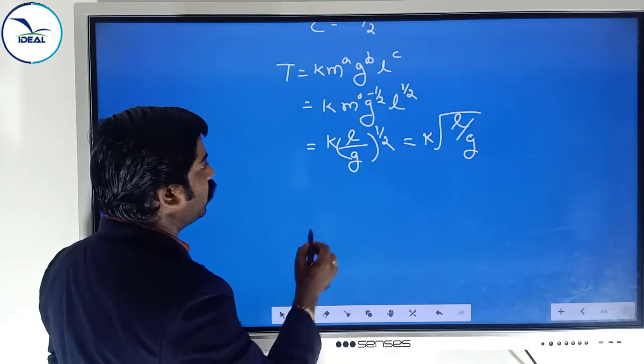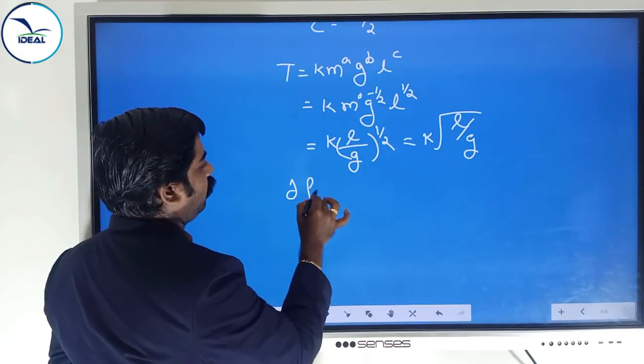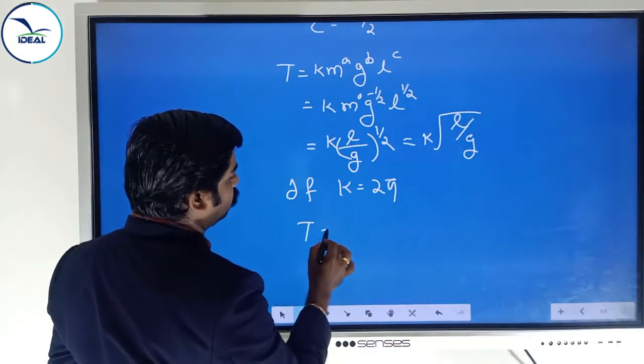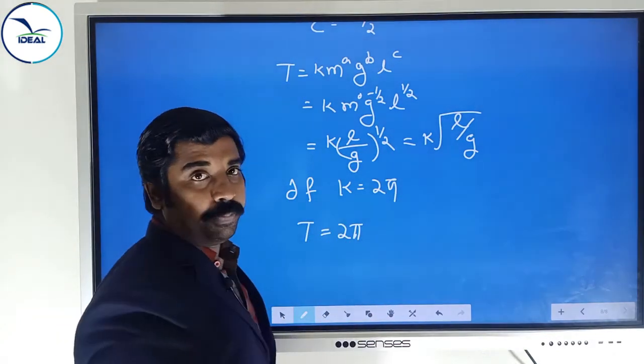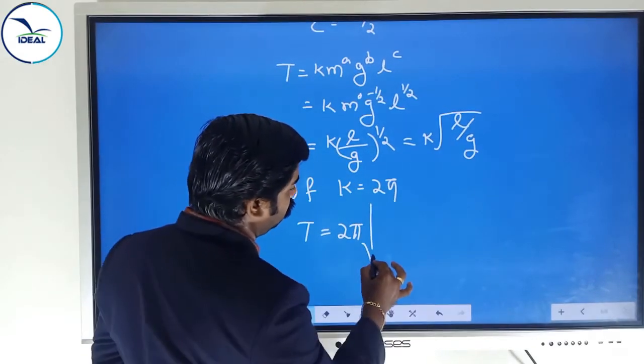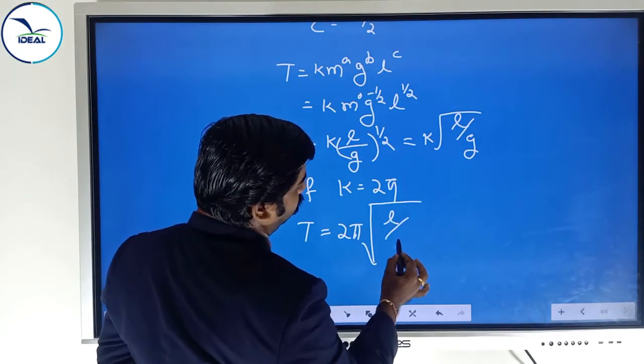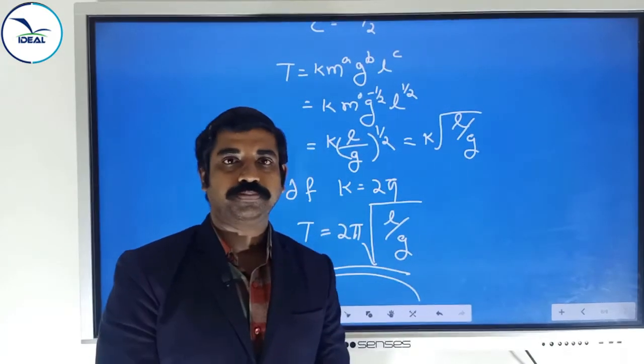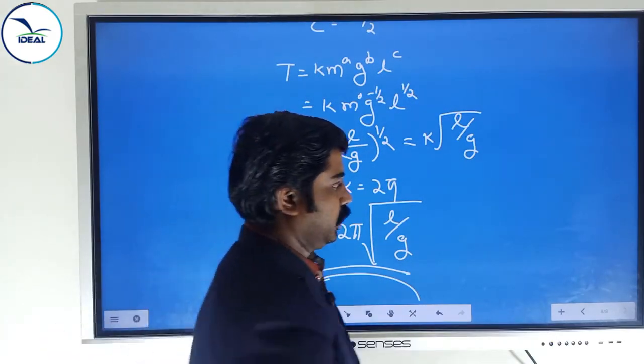If k equals 2 pi, then this equation becomes T equals 2 pi root l by g. Clear?